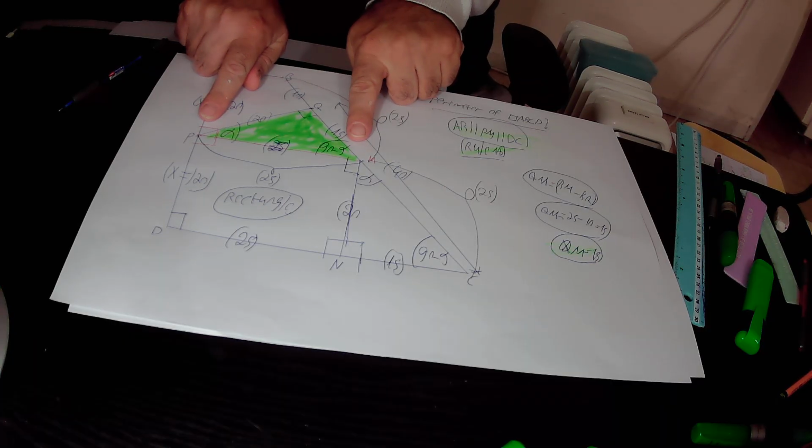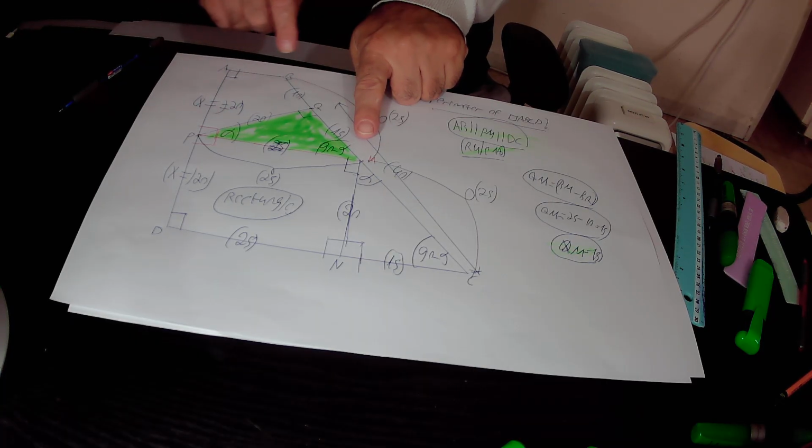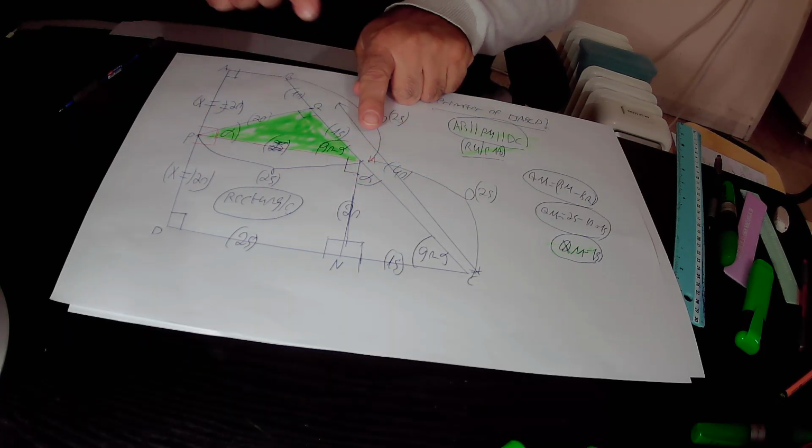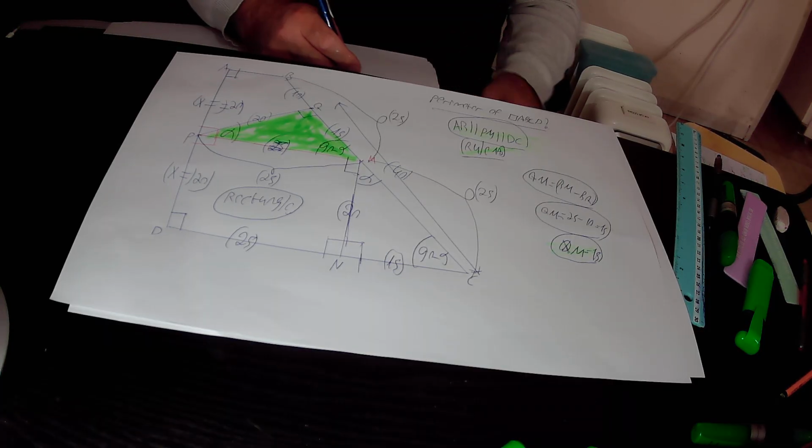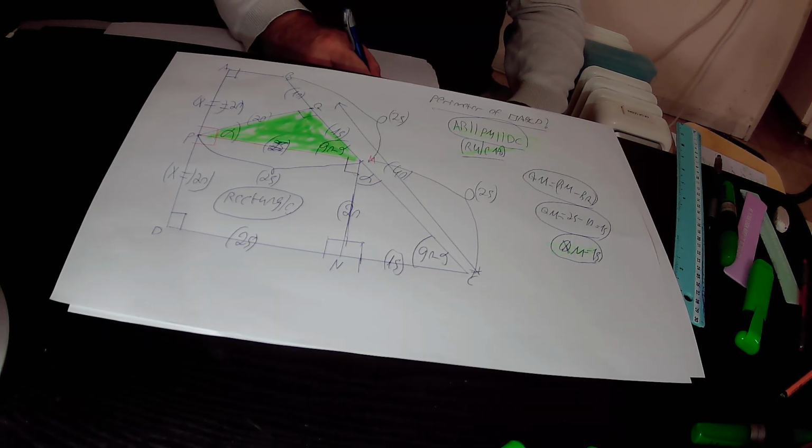According to the trapezoid mid-segment theorem, the length of mid-segment PM equals the sum of its two parallel bases over 2. That is to say, it is AB plus DC over 2.